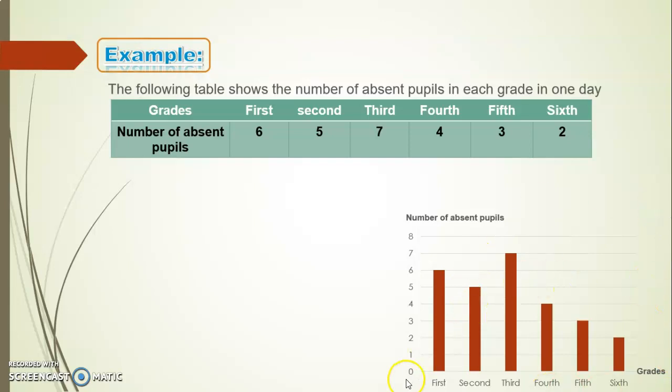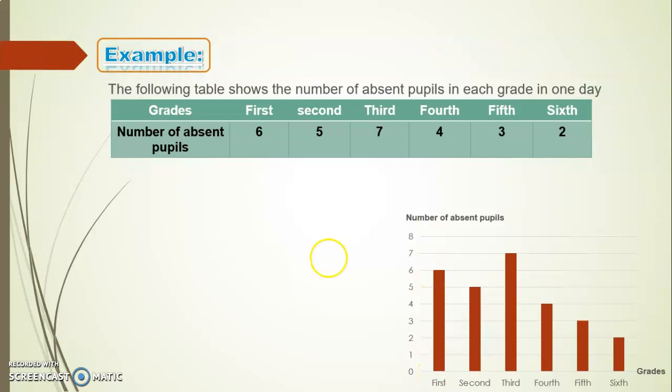Here my numbers are close to each other, so I'll count by using 1. 0, 1, 2, 3, 4, 5, 6, 7, 8, and so on. Here in my table, in the first grade, there are 6 pupils. So I'll move from first and stop at 6.